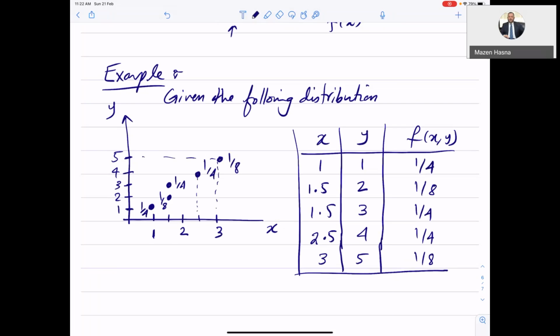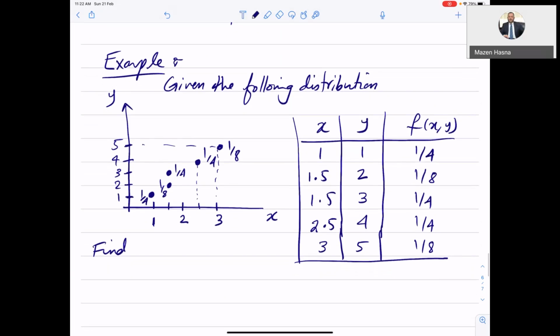Find f of y given x equals 2.5. We know that x is already 2.5.